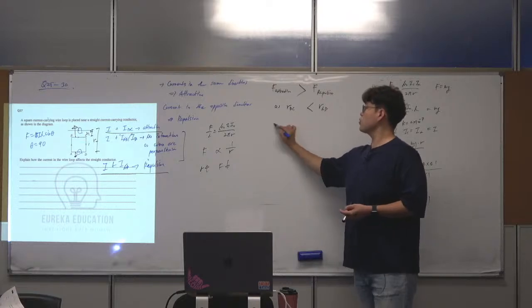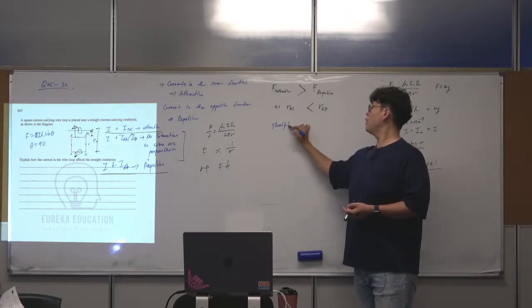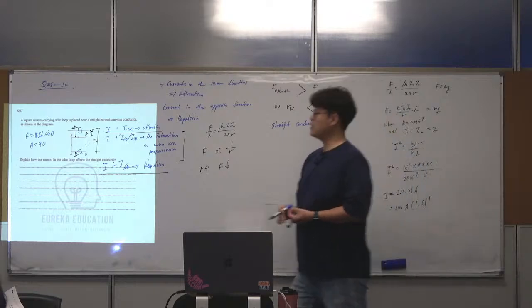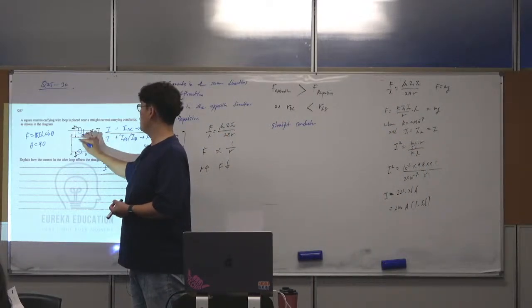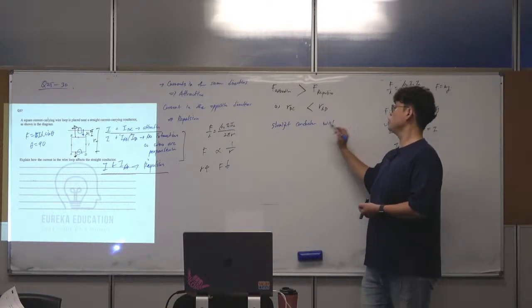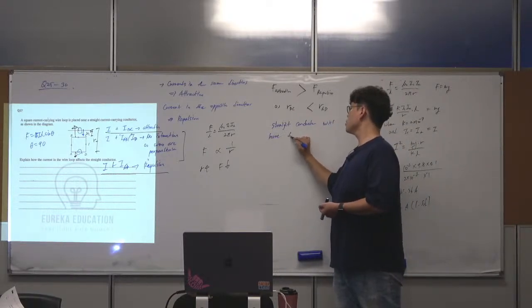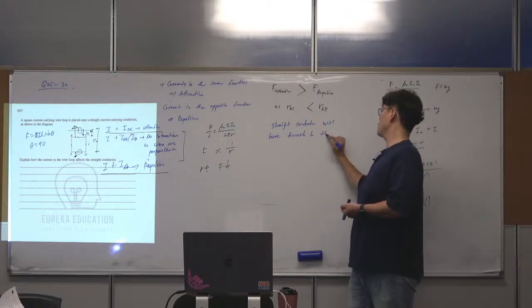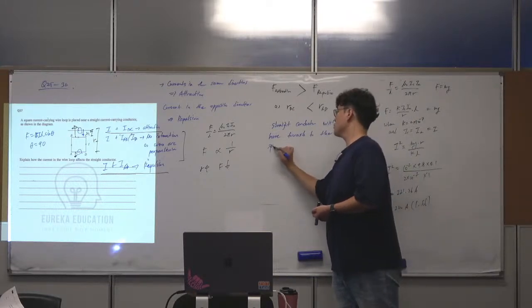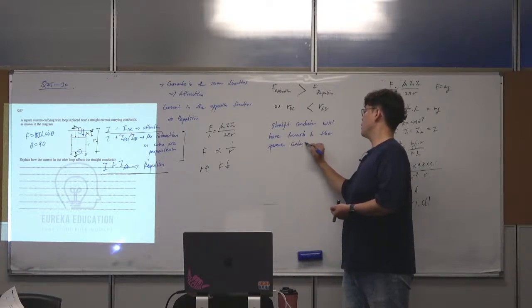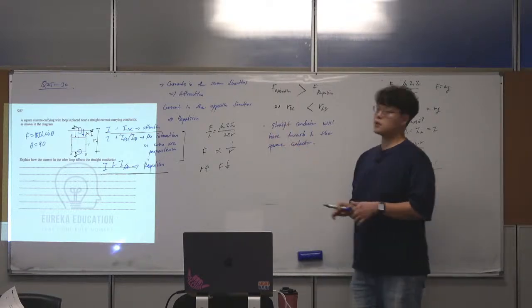The straight conductor would be, what do you think? They are attractive. So it will move towards the square conductor. This is the final answer.